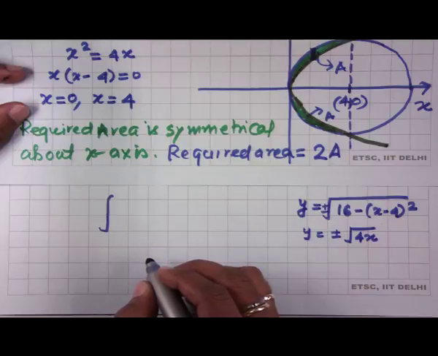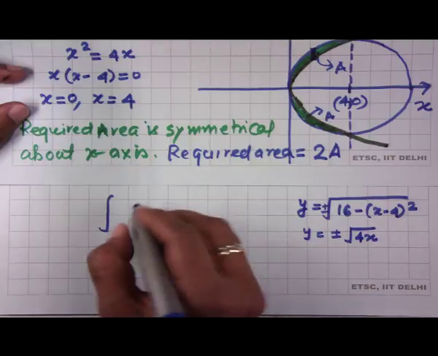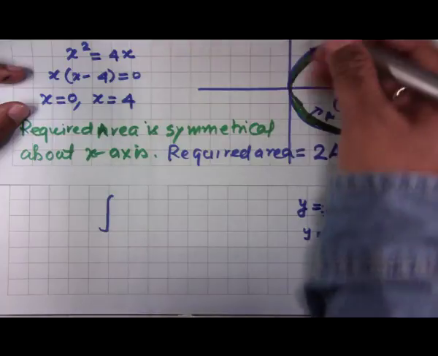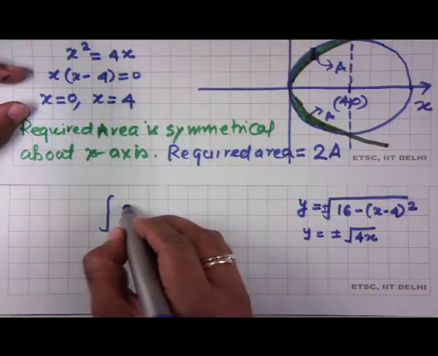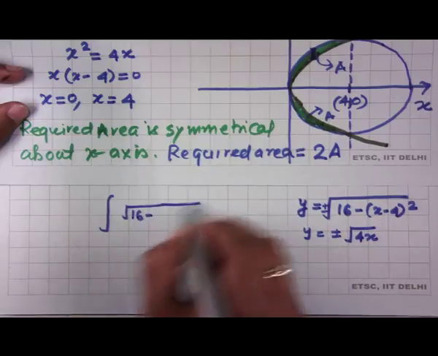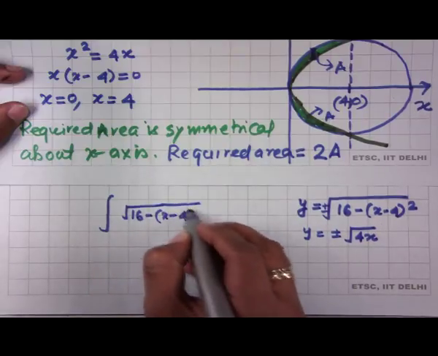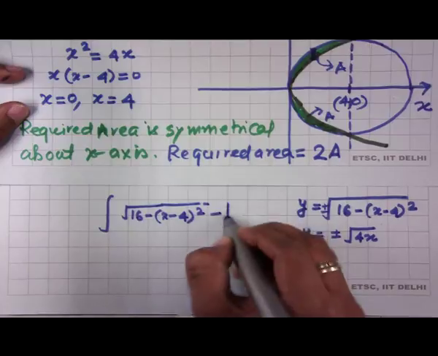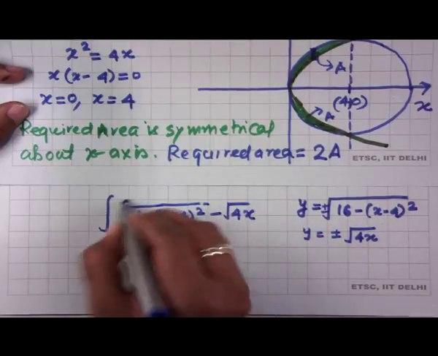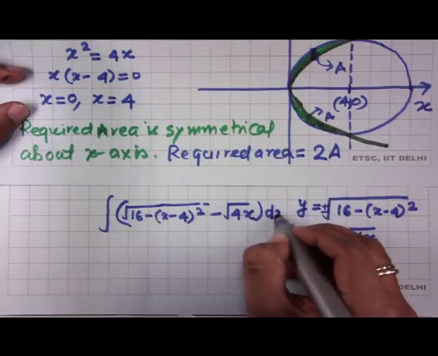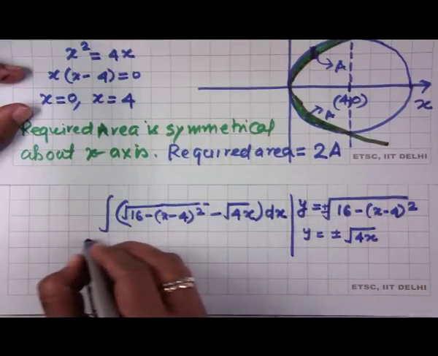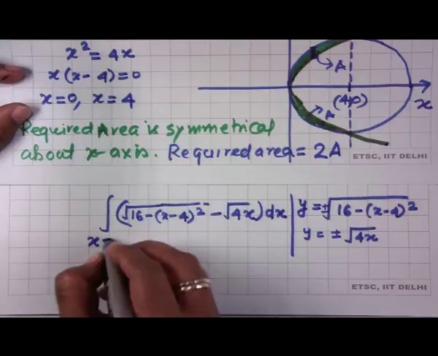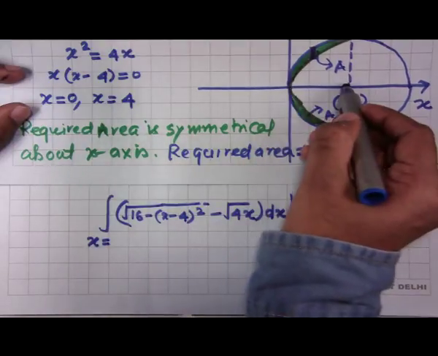So, elementary area will be, because you are using the curves above x axis, so you will be using root of 16 minus x minus 4 square minus under root 4x. So, this is your elementary area, and limit will be from x equals to 0 to x equals to 4.